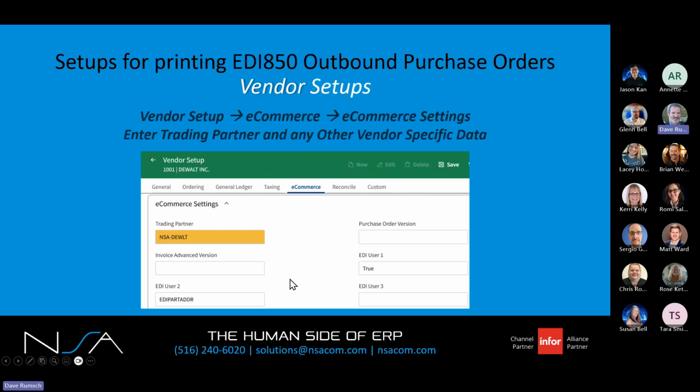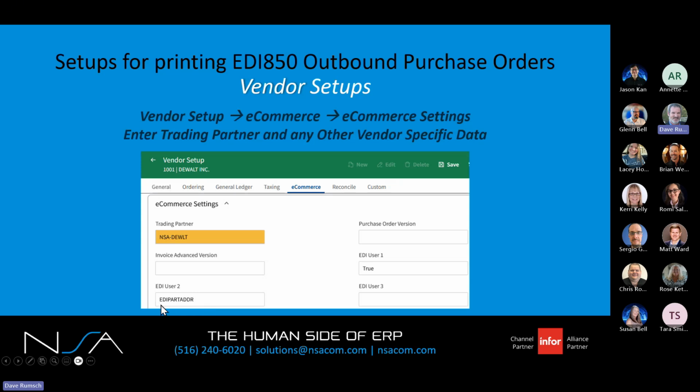Notice that there are 3 user fields here. Those can be used to send additional data to that specific vendor that they require on all your purchase orders. So those are quite useful. For example, the word true might go. Now notice the value is actually the database value of that field.